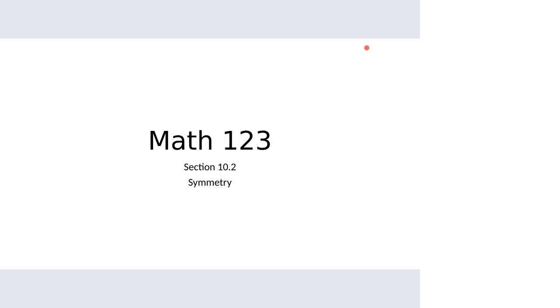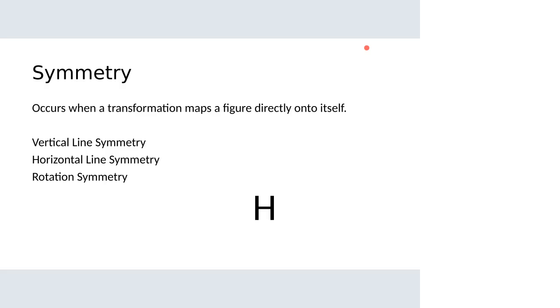Okay, let's dive into section 10.2 then. Symmetry happens when one of those transformations we discussed on Tuesday maps a figure directly onto itself. So basically, when we perform this operation, the figure lands right on itself exactly with nothing different.